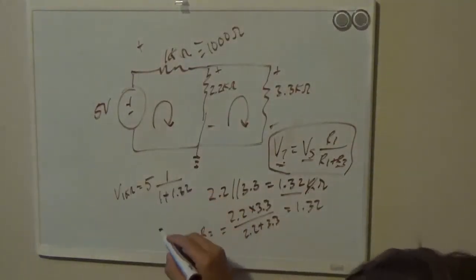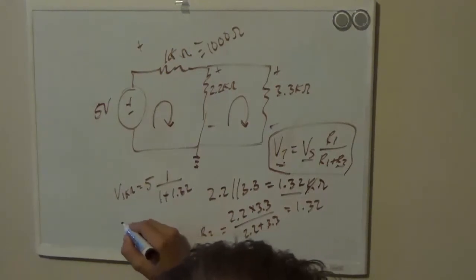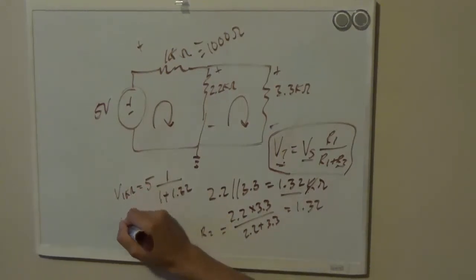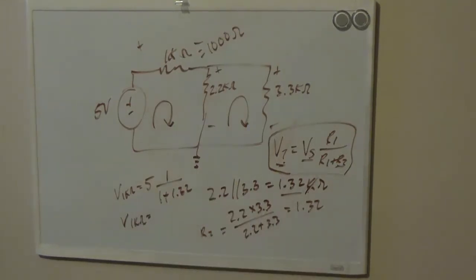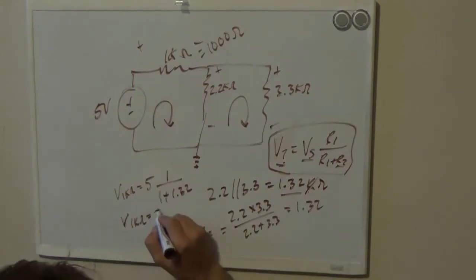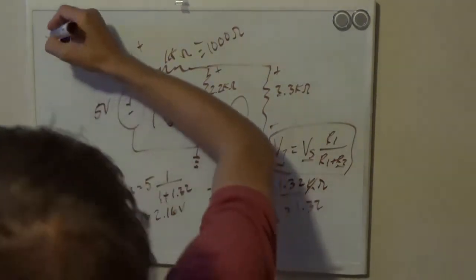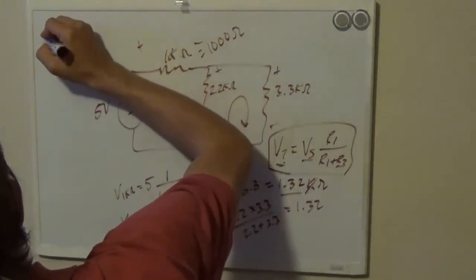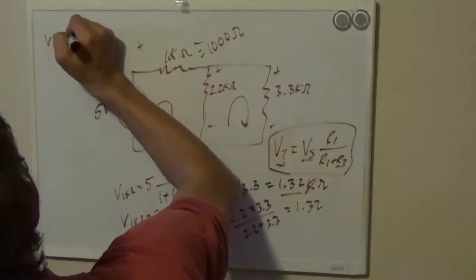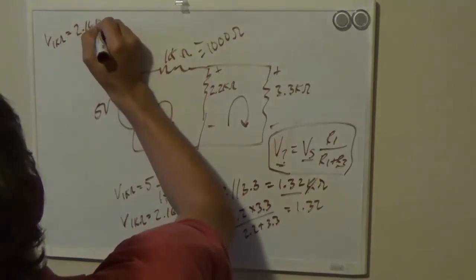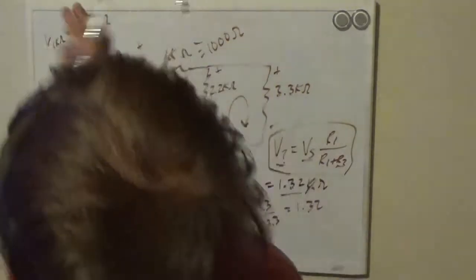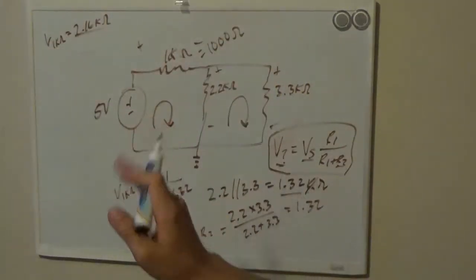Okay, back to this. 5 divided by 2.32, I have written down on my sheet here, comes out to be 2.16 volts. So that's the voltage here, 2.16. So I'm going to put that right up here in this corner. Beautiful. Alright, so we've got 2.16 volts.